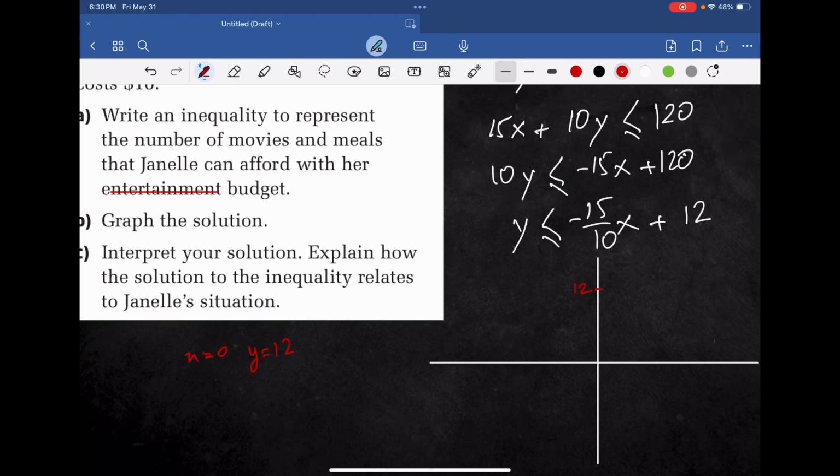If x is equal to 10, my y will be minus 15 times 10 divided by 10, which is minus 15, plus 12, which is minus 3. So if x is 10, my y will be minus 3.